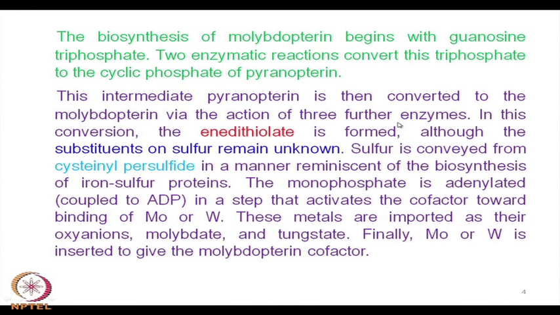If you remember the actions of these enzymes, even the generation of this particular center is interesting. Here you require two enzymes for the phosphate conversions, and after that, to get the molybdopterin part, that means the ligand without molybdenum, three further enzymes are utilized.